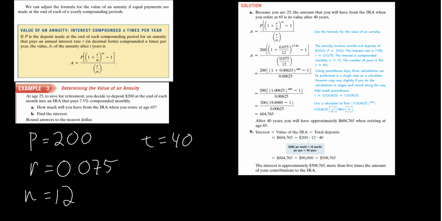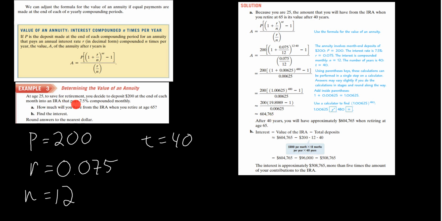From there, all right, again, we have 1, 2, 3, 4 of the 5 unknowns, and that's because the fifth one, the A, is what we're trying to figure out in part A of example 3. We plug all of our values in, you do the computation, it gets very sticky, very fast. And then we see at the end of 40 years, we have $604,765. Right? And so we are now asked in part B to find the interest.